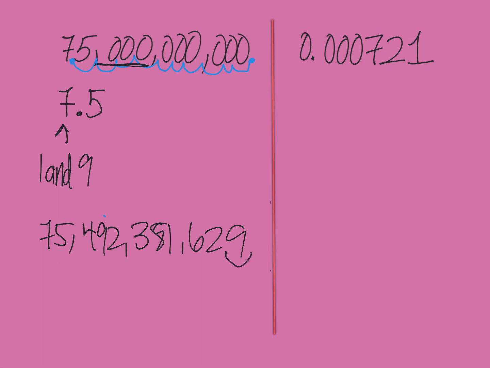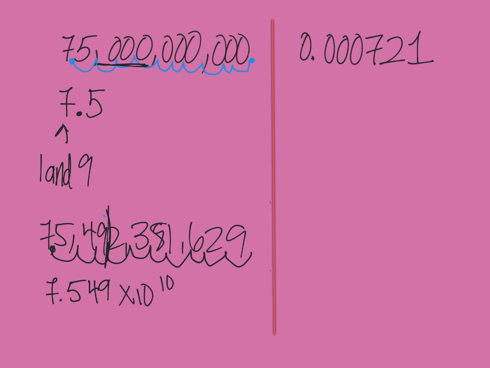I navigate 1, 2, 3, 4, 5, 6, 7, 8, 9, 10 again. I could put maybe one more decimal or two, so I don't have to round anything. 7.549. You see, I can stop here approximately. It's fine. Okay, times 10 to the power of 10.